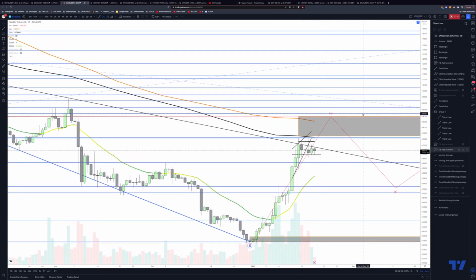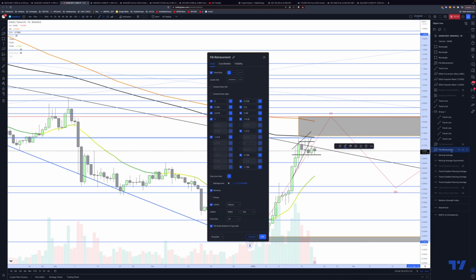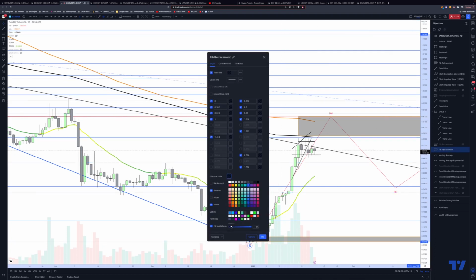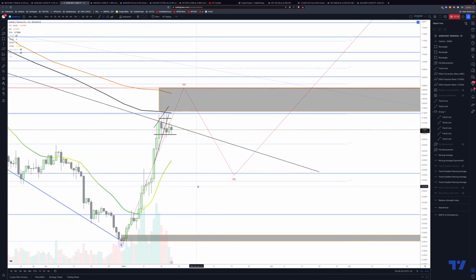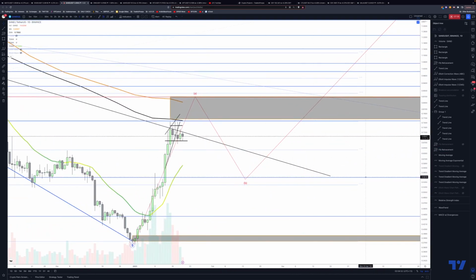And what I want to do is get that and just make it lighter. I don't want it standing out. Actually, it was the other one, wasn't it?